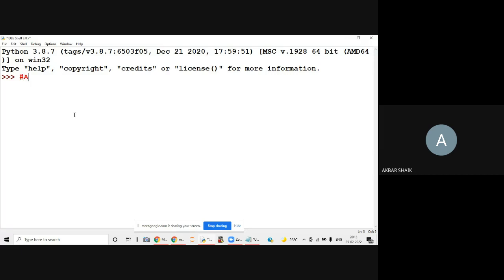For example, I am writing a comment. This is only for our understanding purpose. Assignment operators. So a equals to, I am taking some values directly. a equals to 100. Print of a.